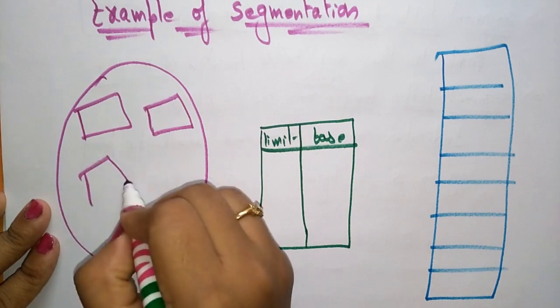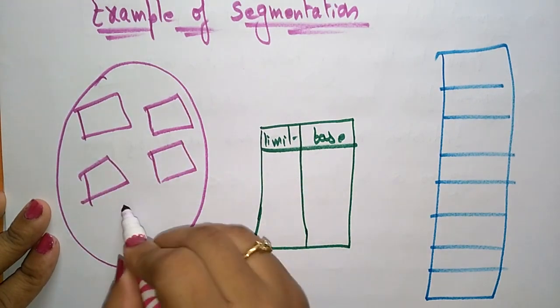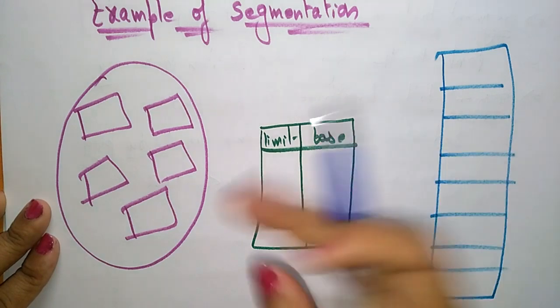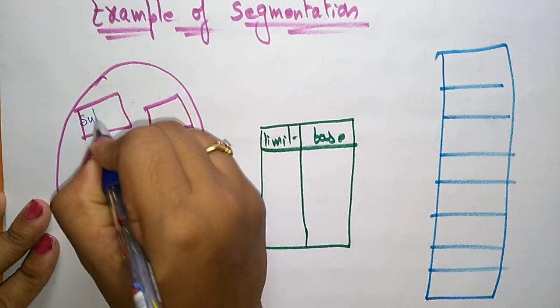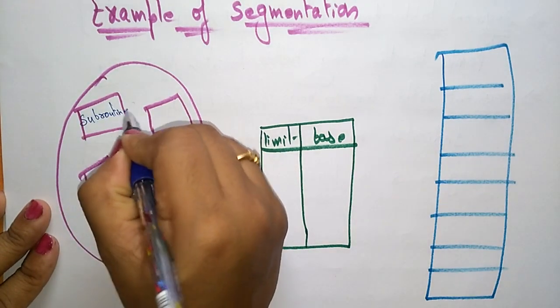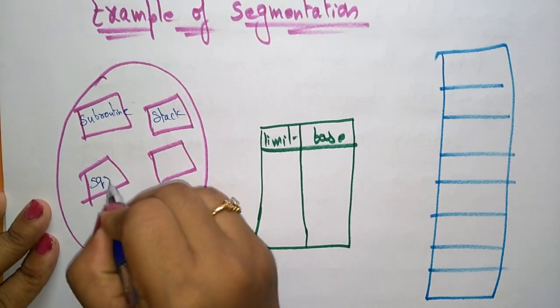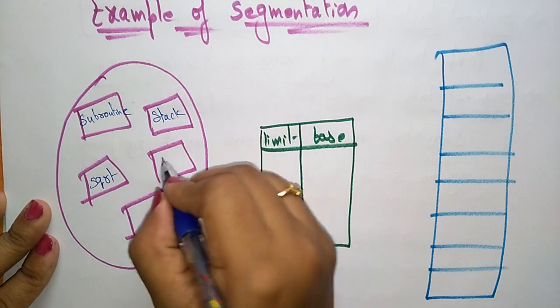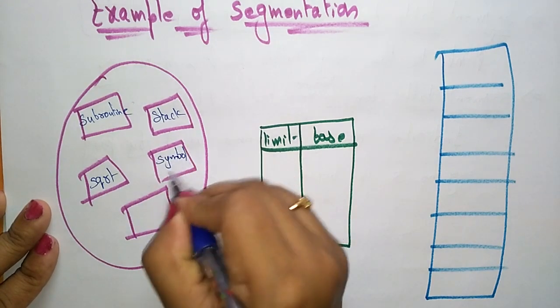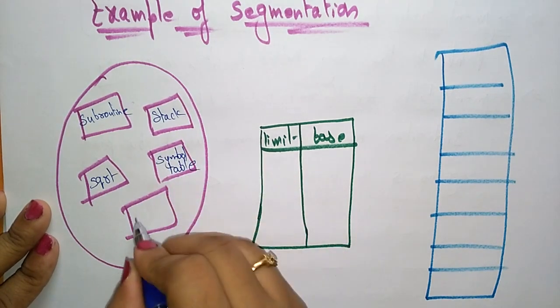Let us take different segments: the subroutine, the stack, square root which is one of the functions, the symbol table, and the main program.